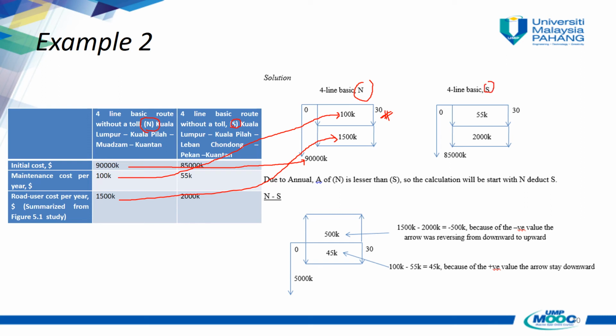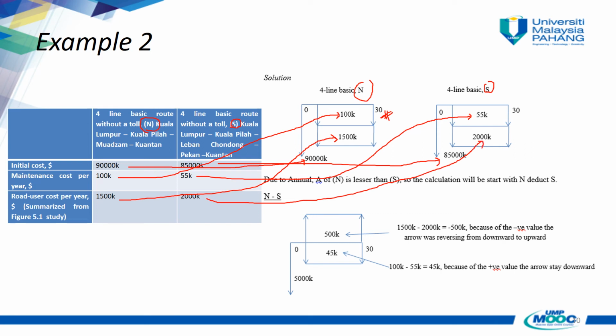So the initial cost will become 85,000, which we need to pay today. And then the maintenance cost will become 55,000 every year for 30 years, and road user cost per year is 2,000 yearly for 30 years.